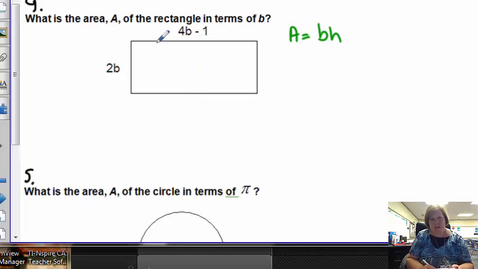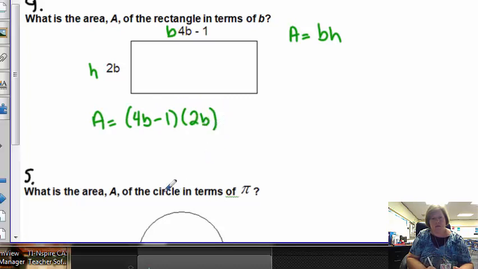Okay, we're not going to worry about that because on a rectangle, the base and the height are the two different length sides. So we can call this the height because it's the distance between the two sides, and this the base. We could also call this the base and this the height. It's really up to you. Okay, so we're going to fill in our formula. A equals B, which is 4B minus 1, and then H, which is 2B.